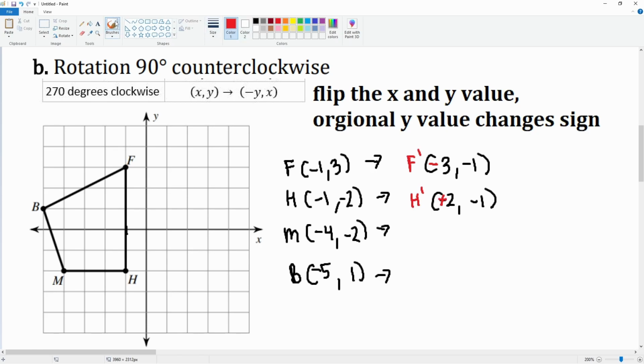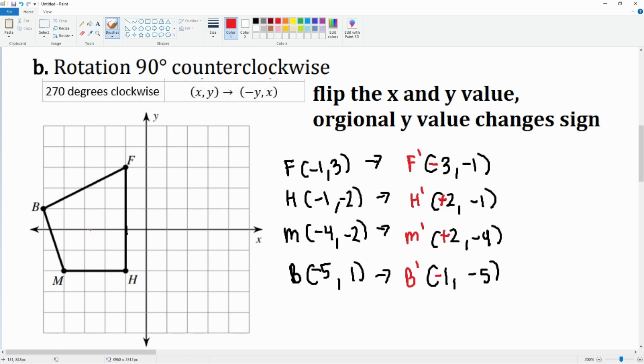Okay. Your M prime, we flip-flop, which is -2, comma -4. But now it's a +2. Okay. Last one. The B becomes B prime. We flip-flop, so it's a 1, comma -5. That 1 was originally positive, now it's a negative. All right, let's plot these points. F, it is -3, -1.